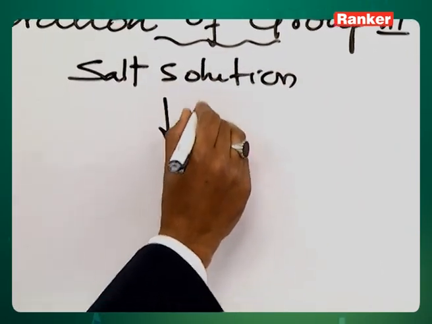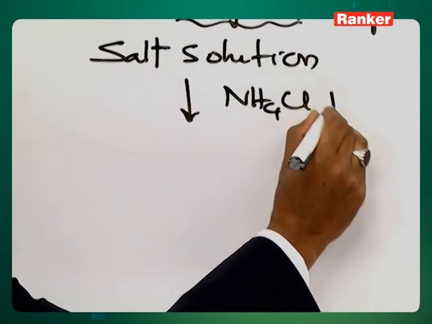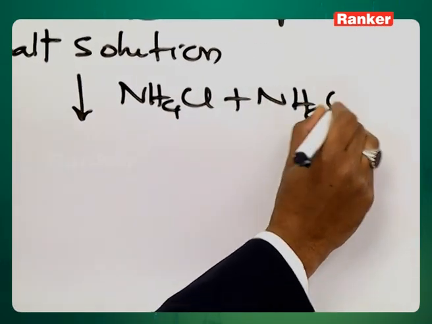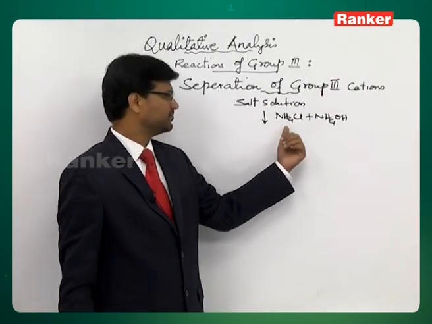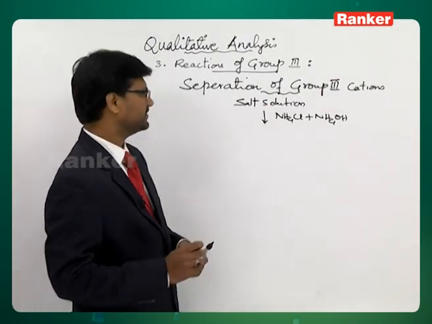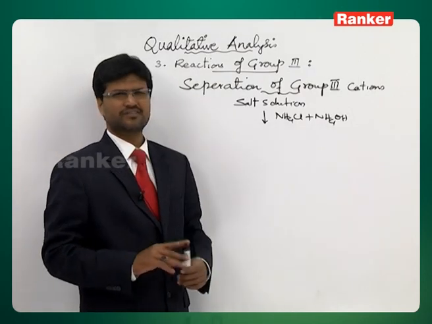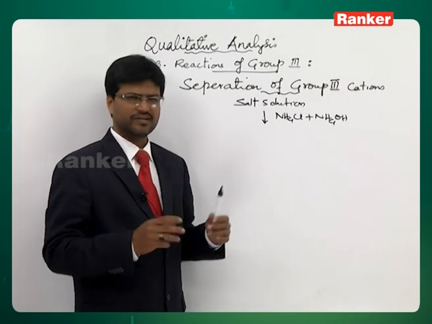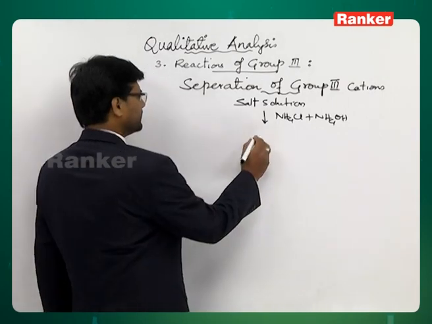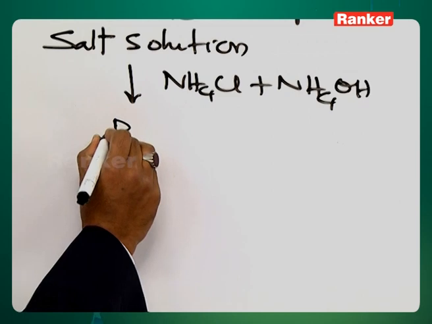To this you are adding ammonium chloride and ammonium hydroxide mixture. Ammonium chloride should be added before ammonium hydroxide because it should be available to exert common ion effect. Otherwise, if you add ammonium hydroxide first, there won't be any common ion effect initially and all other hydroxides may also get precipitated. Now, you get a precipitate.